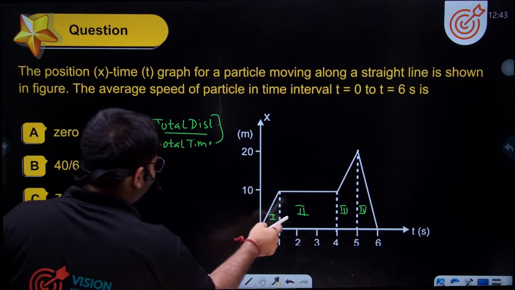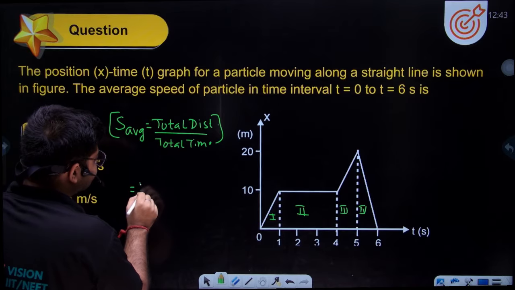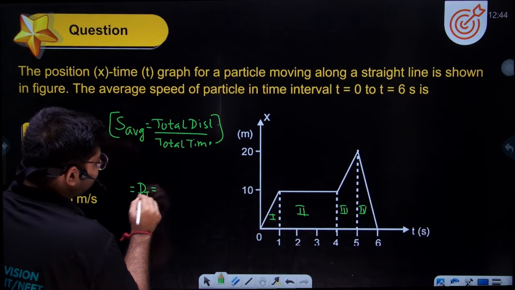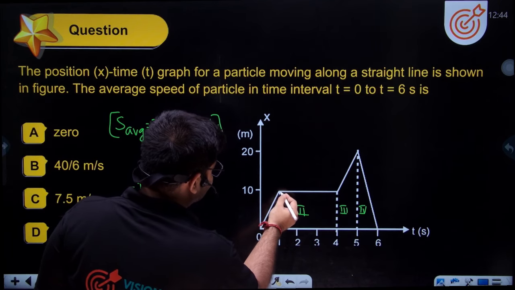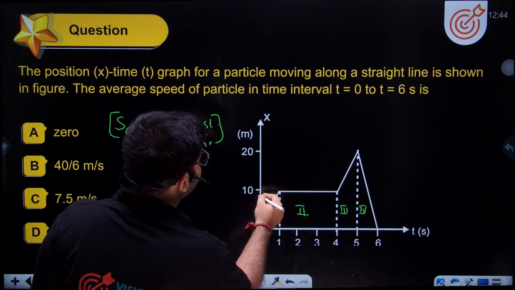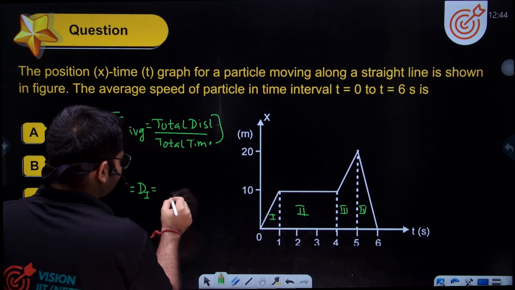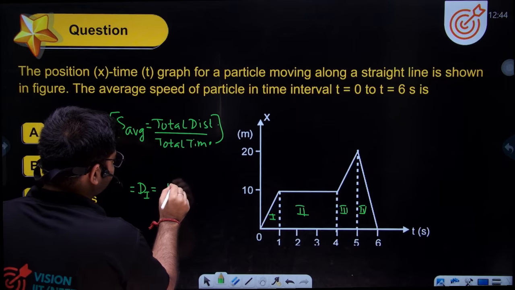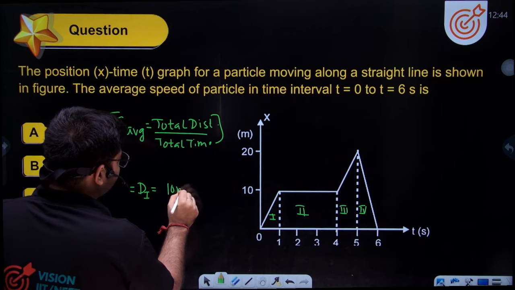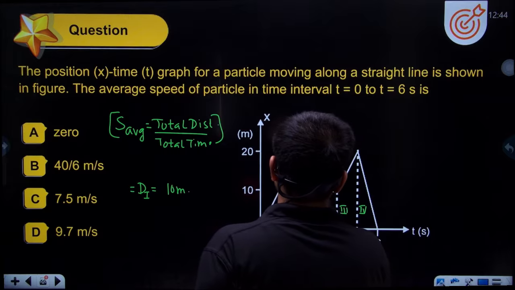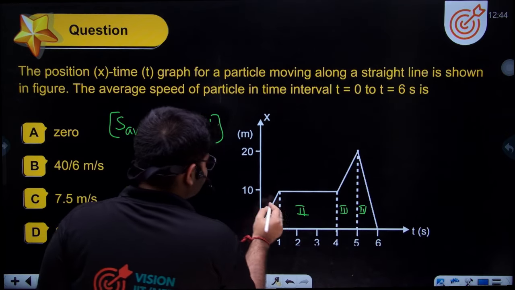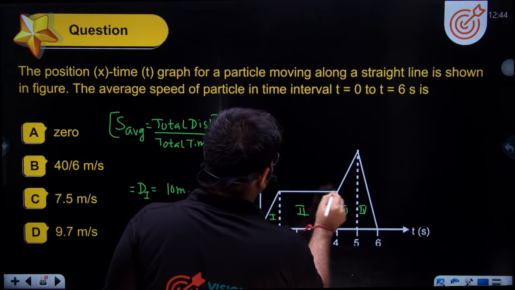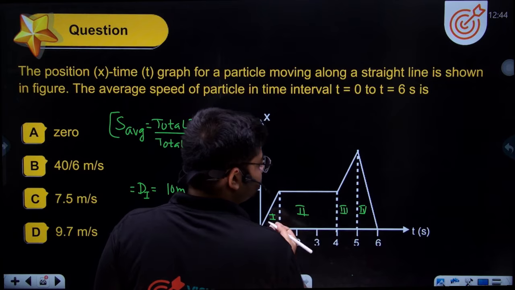So for region 1, the distance d1 is nothing but, it is covering a distance, you see 10, right? So 10 meter. Now for region 2, it is not covering any distance. It is basically constant. The distance covered is the same. So it is not changing.